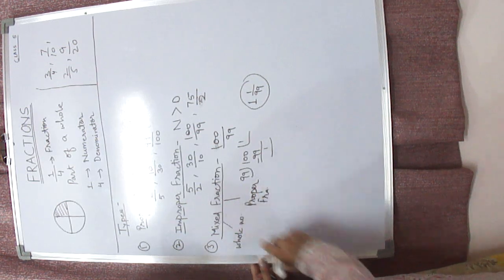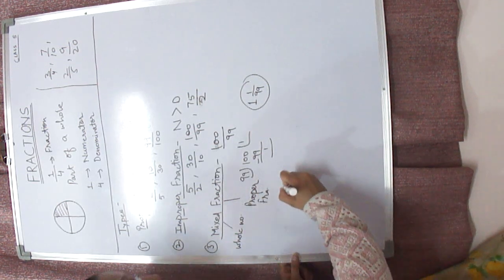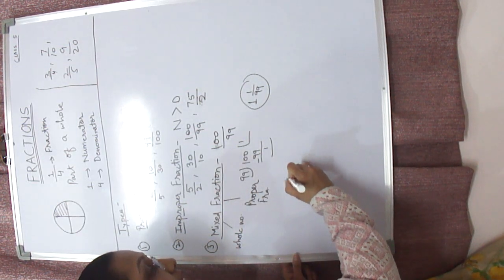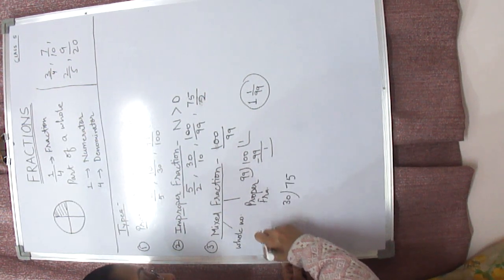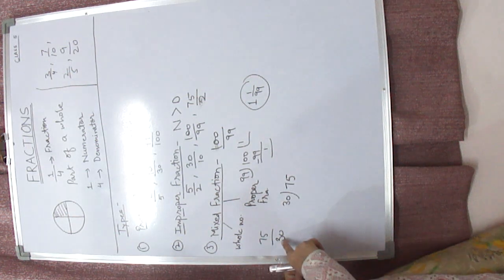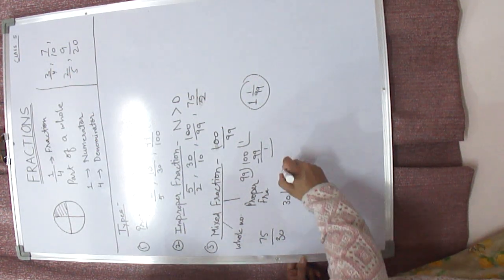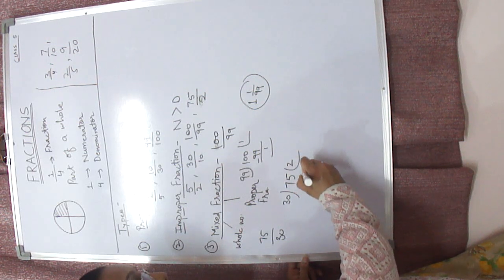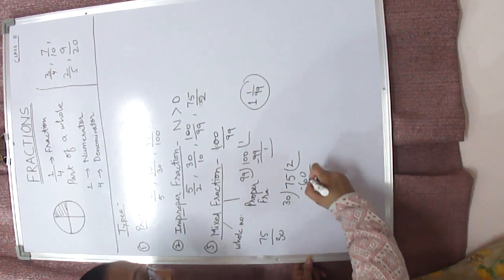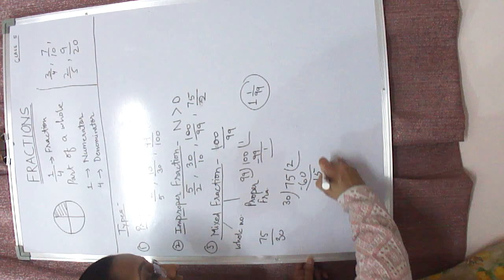Let us take one more example like 75 upon 30. So I have to divide 75 by 30. So here I'll get 2 times 30 is 60. If I subtract both of them, I will get 15 as my remainder.